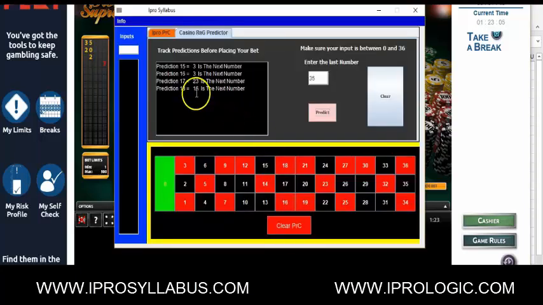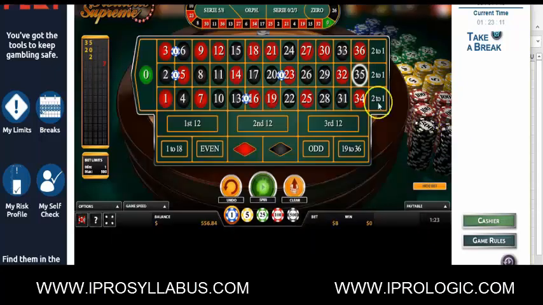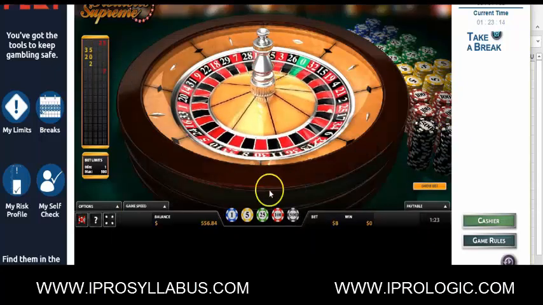Okay. It says 16, so we have 3, and then we had the number off the wheel because we had a duplicate, and then we had 23, and then we had 7, and we rock and roll.